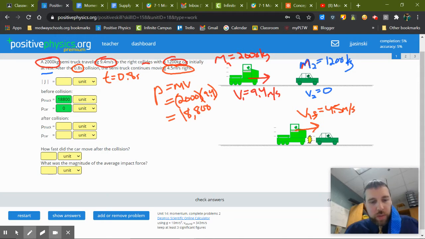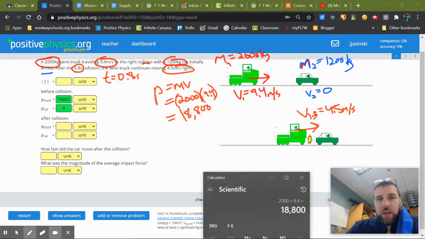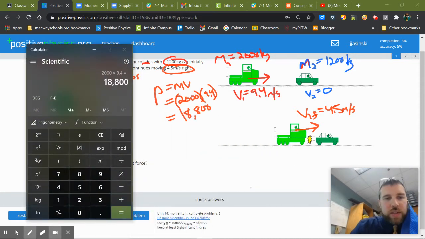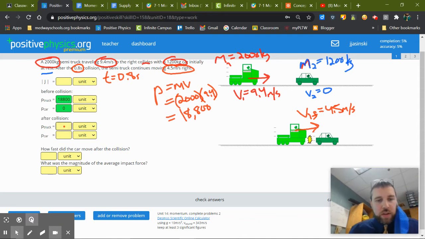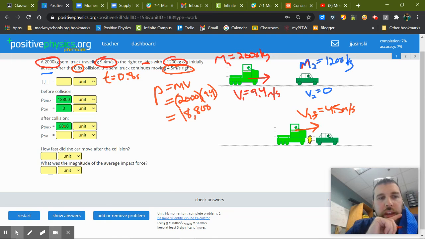Okay, so I can get a momentum again. It's the same equation, mass times velocity, so 2,000 kilogram truck times 4.5 meters per second equals 9,000. Back to my mouse, 9,000 for the truck.